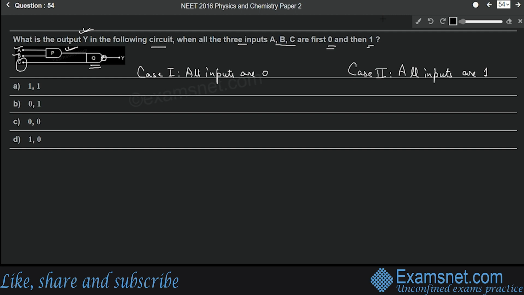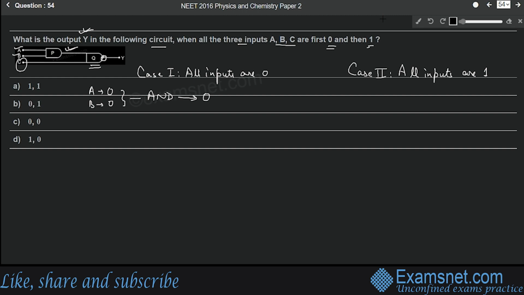Now in the first case, the inputs of the P gate are 0 and 0. A is 0 and B is also 0, and these two are passing through the AND gate first. So the output will be 0, because only if both the inputs of the AND gate are 1 will the output be 1. Since none of them is 1, it will be 0.